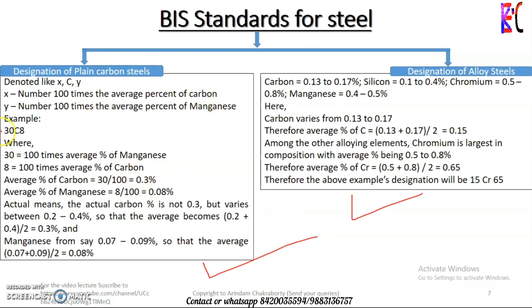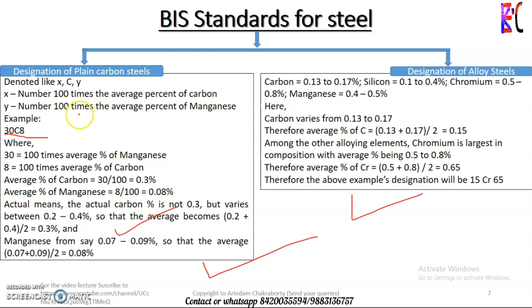As is very well known, 30C8: 30 is 100 times the average of manganese, 8 is the percentage of carbon. So this 30 means it is having 0.3% of carbon, and 8 means 0.08% of manganese.